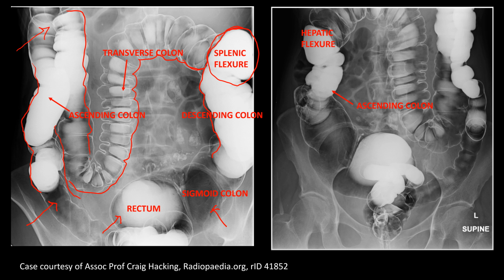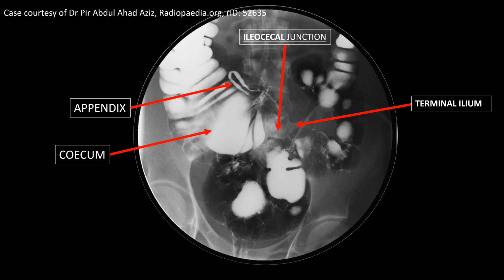In the next image, we can identify the cecum, which is the lowermost part of the ascending colon. Here we have focused on the cecum part, where we can see the dilated part known as the cecum. We can also identify the appendix, ileocecal junction, and terminal part of the ileum.